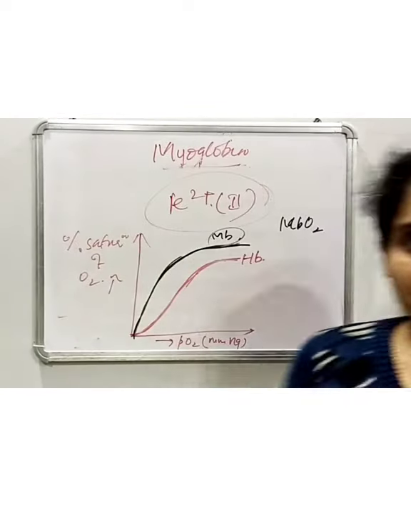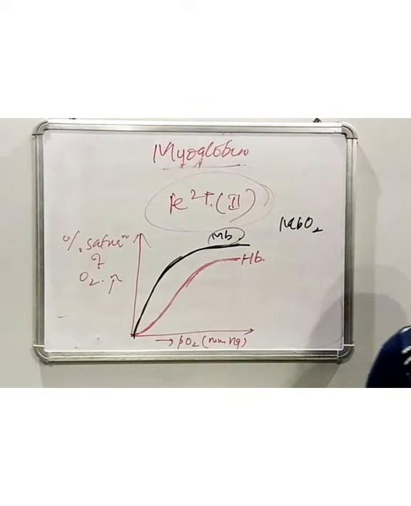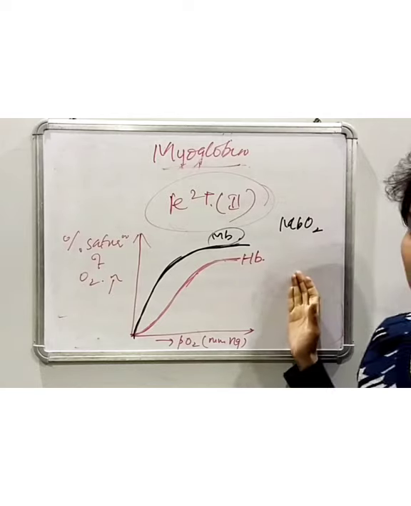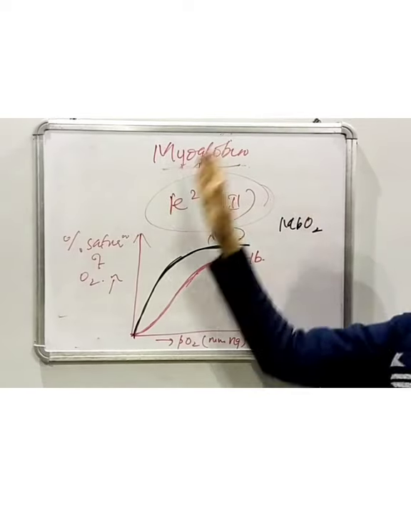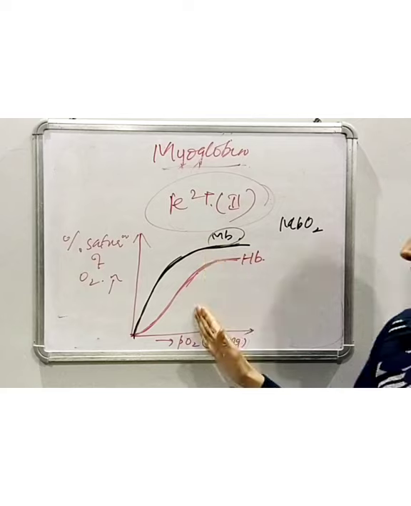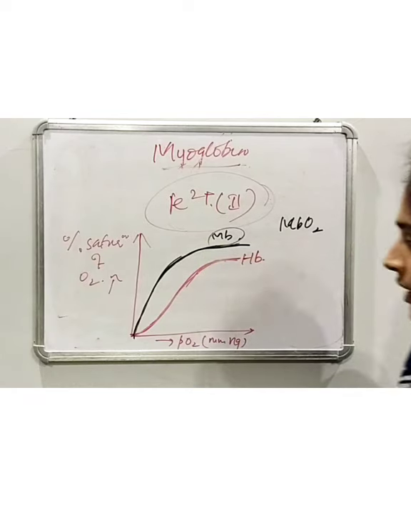I have already mentioned that myoglobin supplies oxygen when the muscle is in an active state. So what happens when the muscle is in an active state?